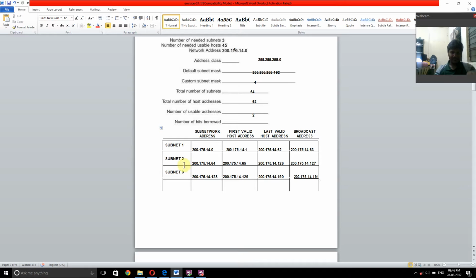One is for the subnet, that is the 3 subnets, and one column is for the subnet network address, and the remaining 2 are for the first and last valid host addresses, and the last one is for the broadcast address. Generally the address will be divided into 2 categories: one is for the network address and another is for the host address, and we have to solve this and we will get the answers by using the above details.